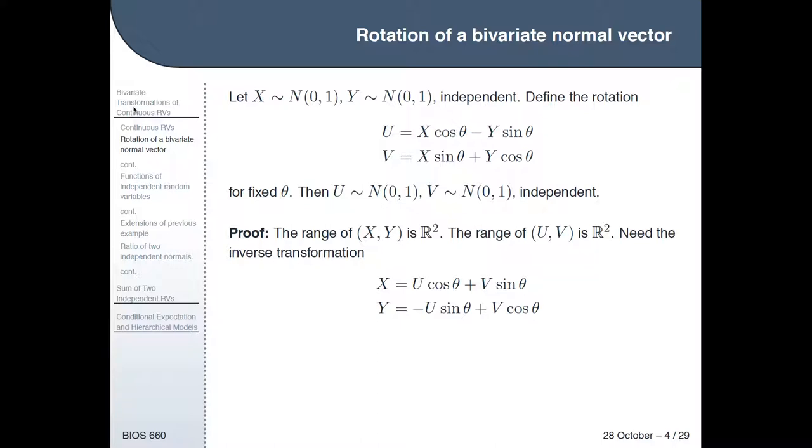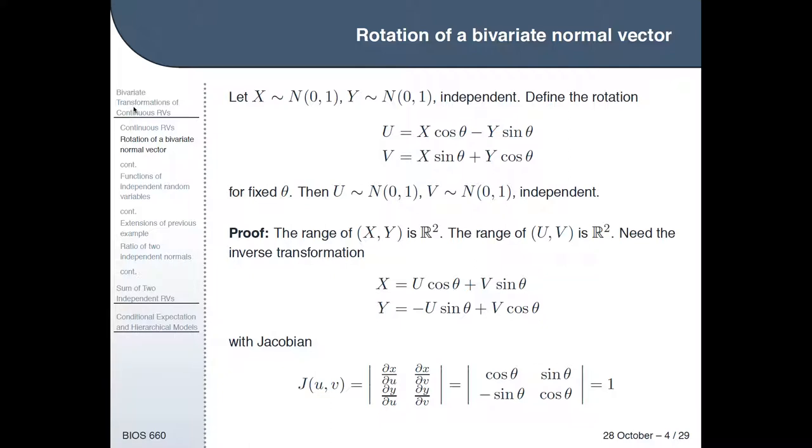And if you solve for X and Y in the above expression, that's just a system of two equations, so it's kind of painful algebraically, but not that hard to solve. You end up with x equals u cosine theta plus v sine theta, and y equals minus u sine theta plus v cosine theta. Once you have that expression for X and Y, it's fairly straightforward to compute the Jacobian.